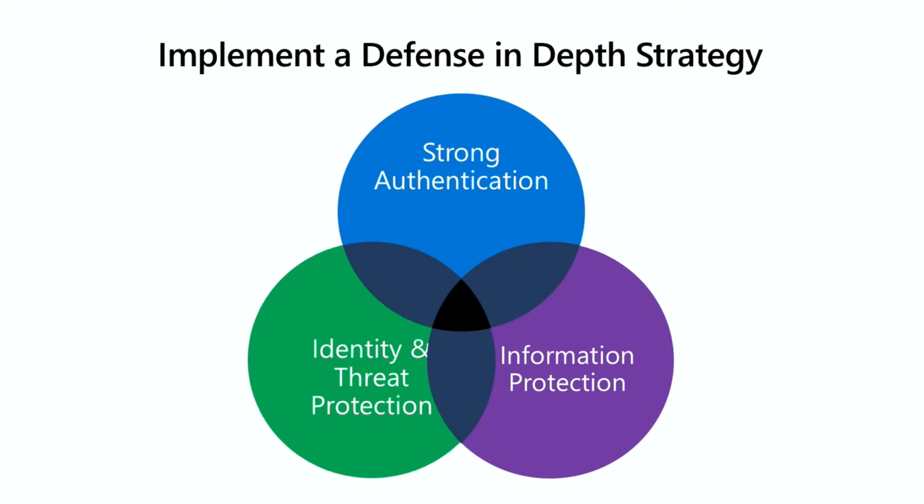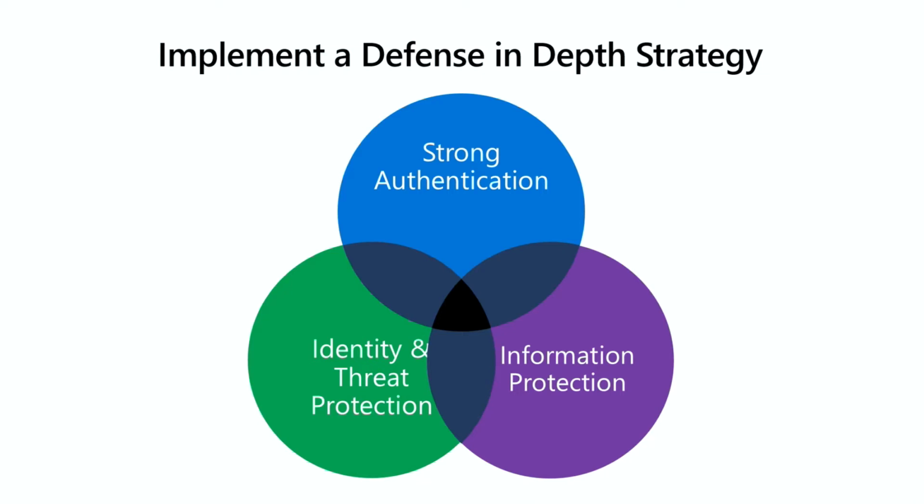So our defense strategy is multi-layered. It starts with strong authentication, managing and protecting our identities. You want to also protect your identity and other threats in your environment. That's the Defender type stack, protecting your workstations, your identities, and your data. And then there's information protection, further protecting your data with encryption, restricted access, labels, classification.